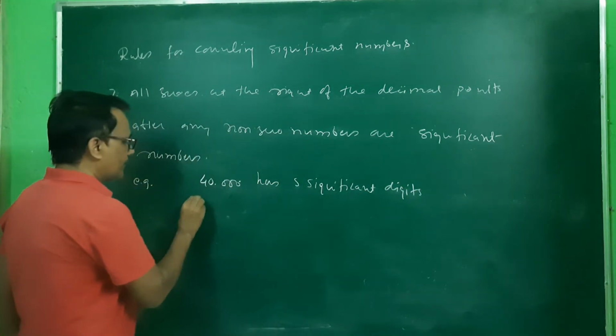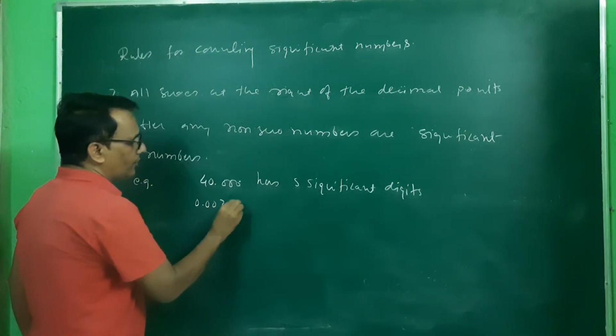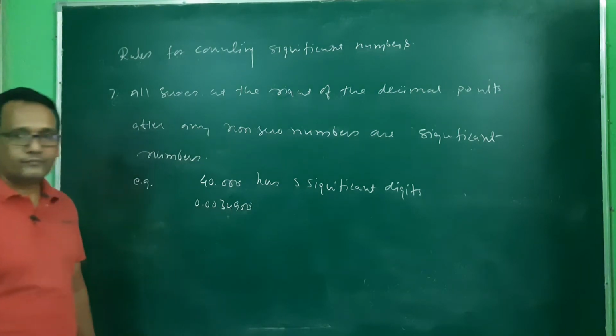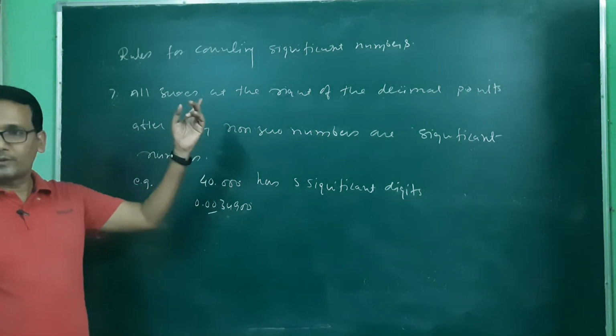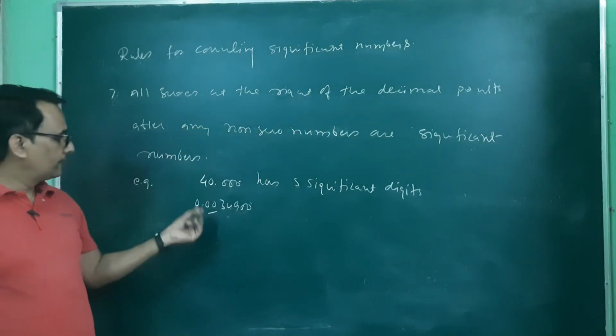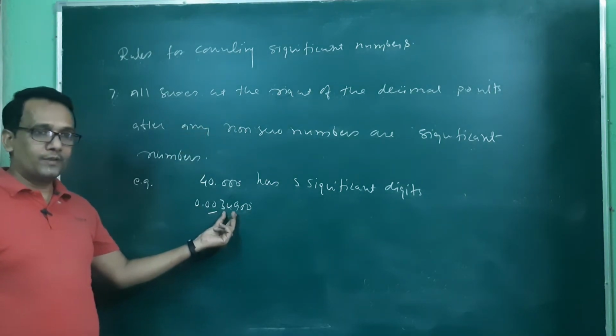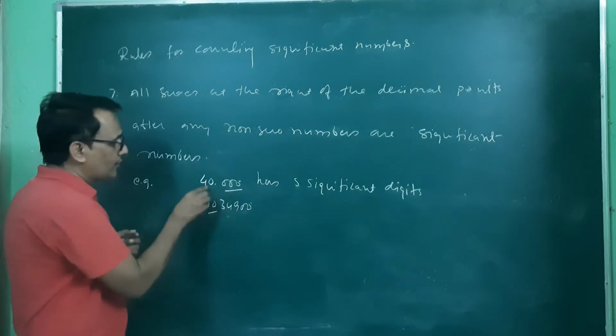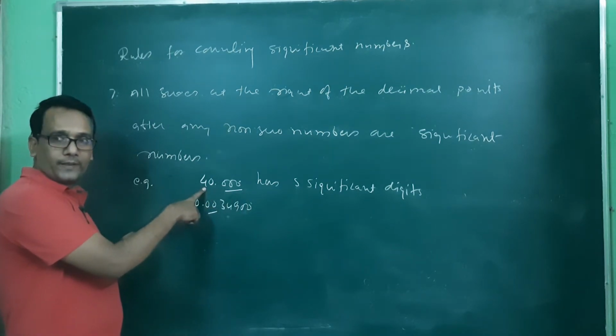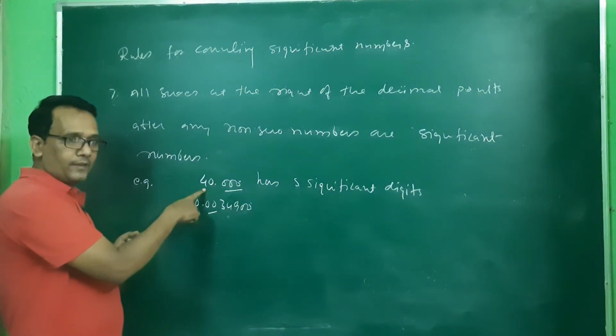And let's say 0.0034900. The zeros just before these digits are non-significant according to that rule number 3 or 4, I think. But here, these zeros are just after non-zero digits.